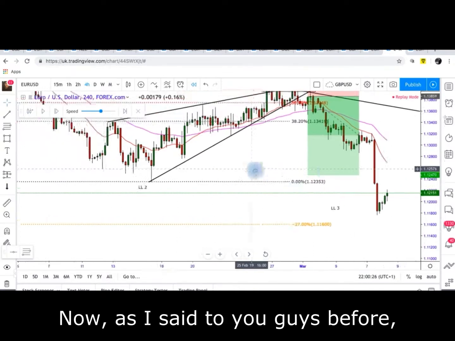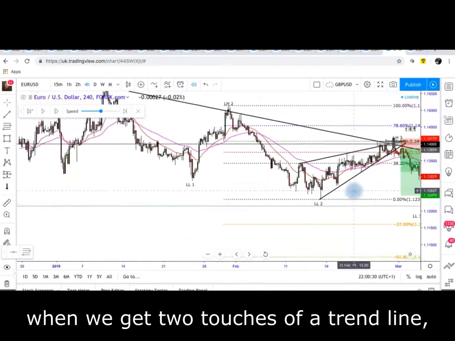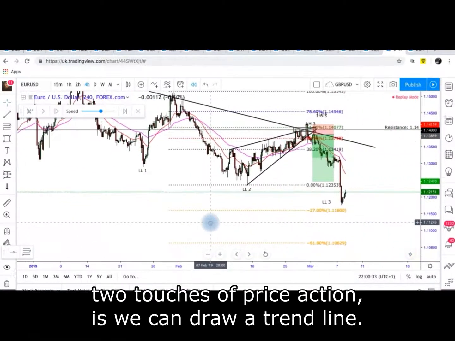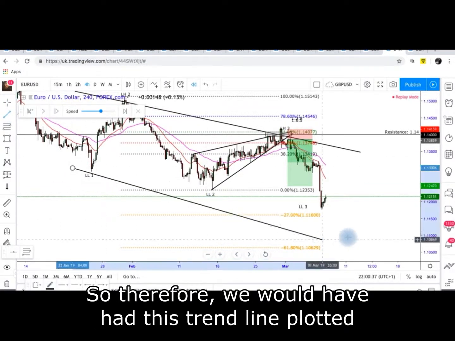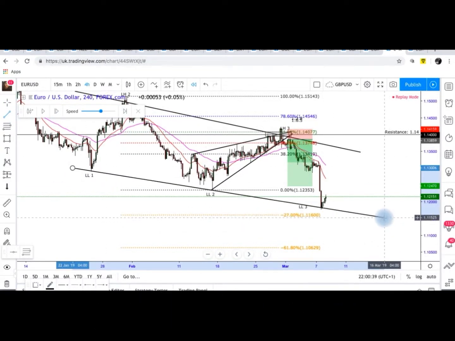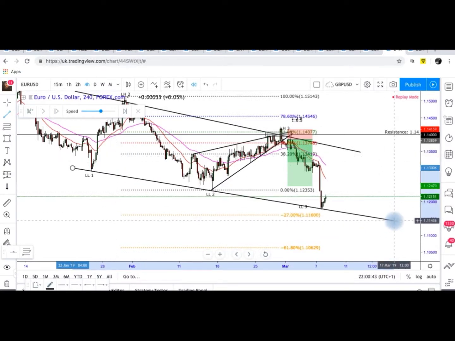Now, as I said to you guys before, the first thing that we can do when we get 2 touches of price action is we can draw a trend line. So therefore, we would have had this trend line plotted, like so.